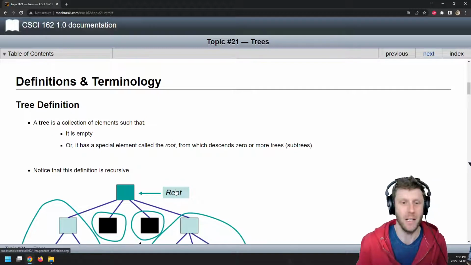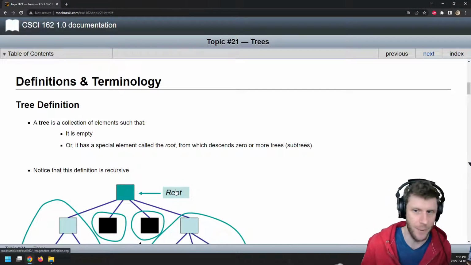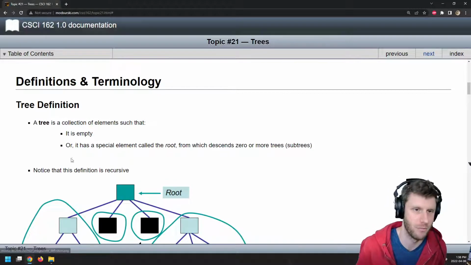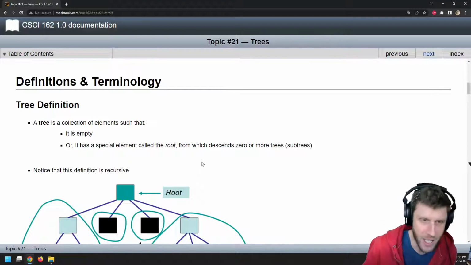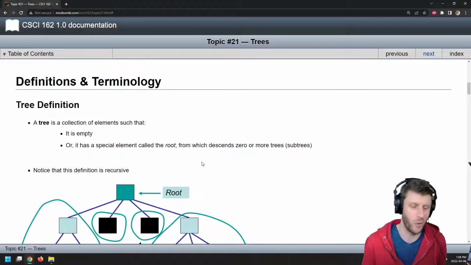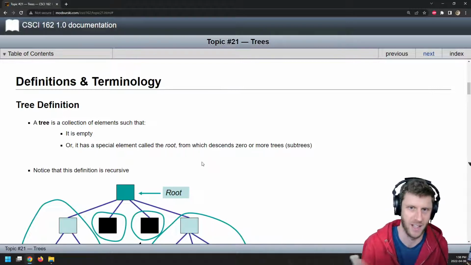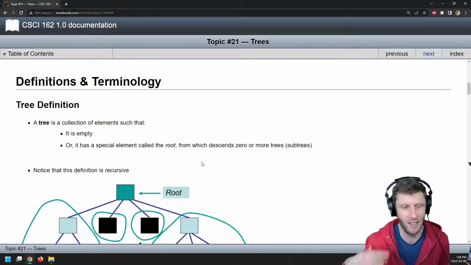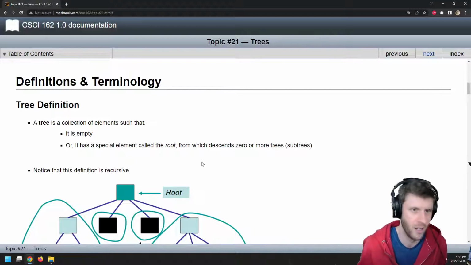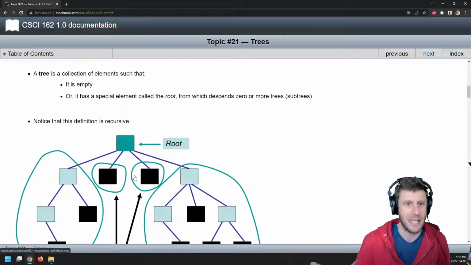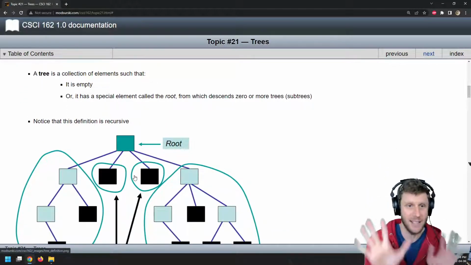Okay, a tree. I'm going to warn you, this topic is going to be full of definitions. Fortunately, computer scientists tend to be pretty good with the words they use to describe things because we're too dumb to come up with fancy words. We just use words that are hopefully intuitive. So, a tree. Here's a tree.